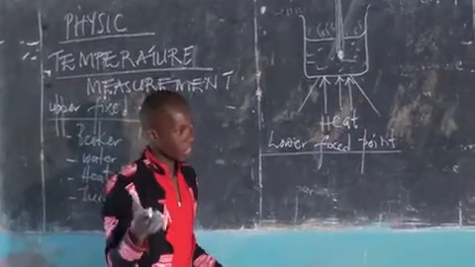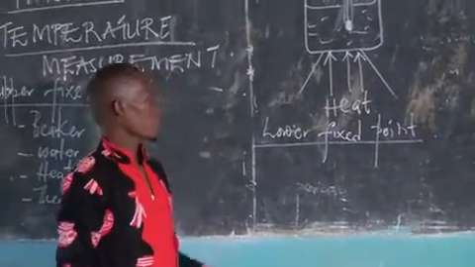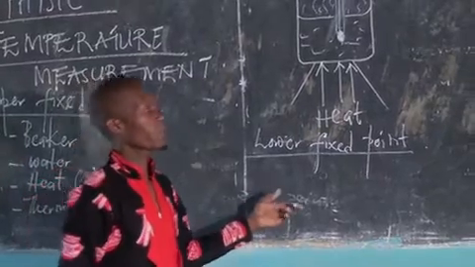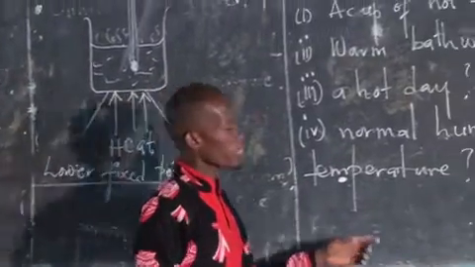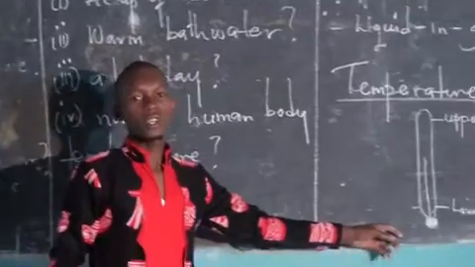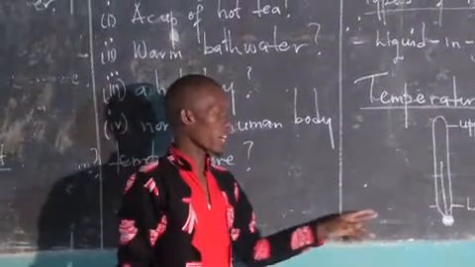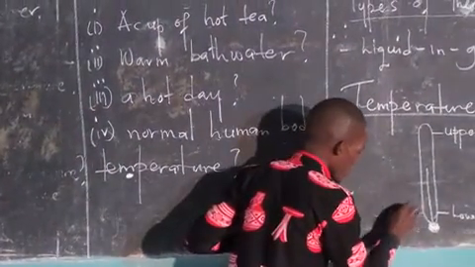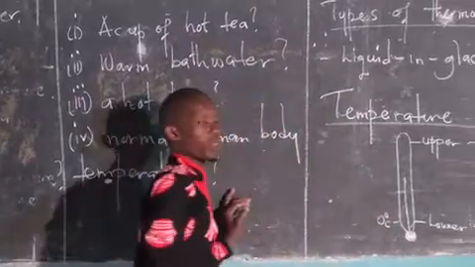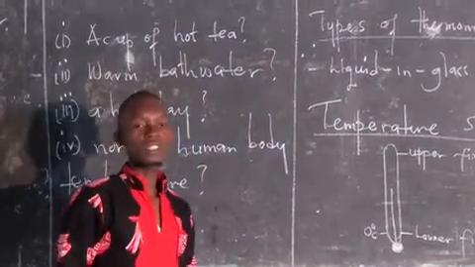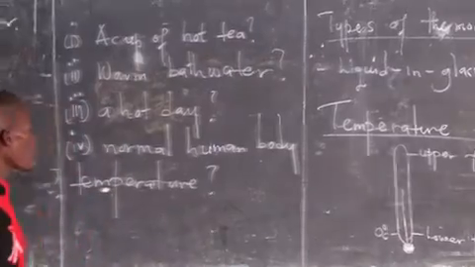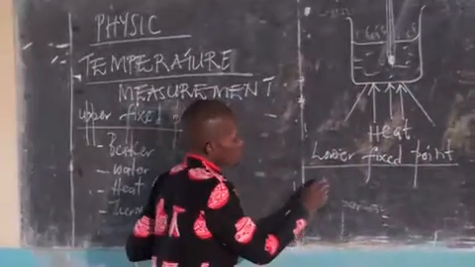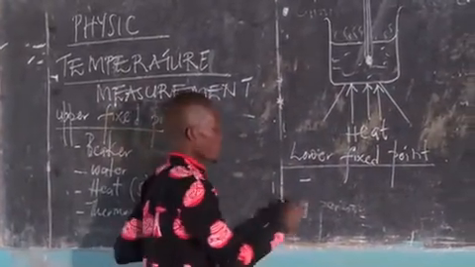To get the lower fixed point, it must be at 0 degrees Celsius. When it is at 0 degrees Celsius, you qualify that this is the lower fixed point. So, there we use small pieces of ice.